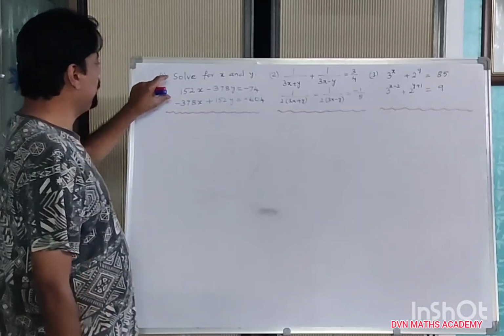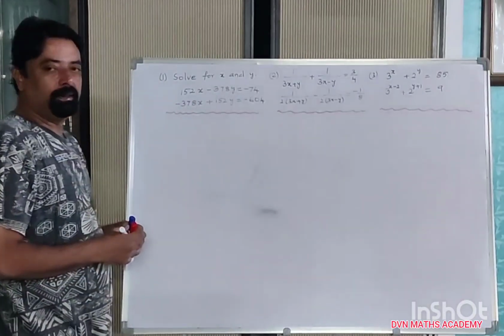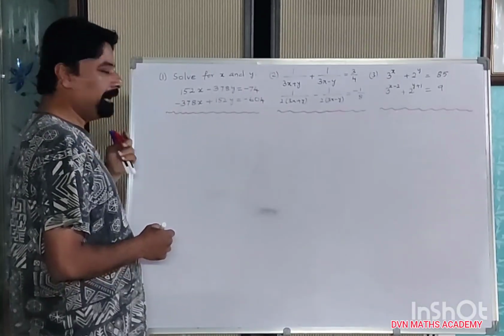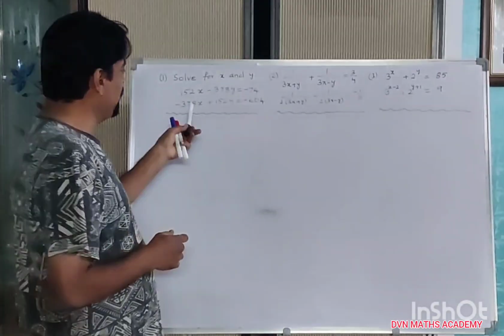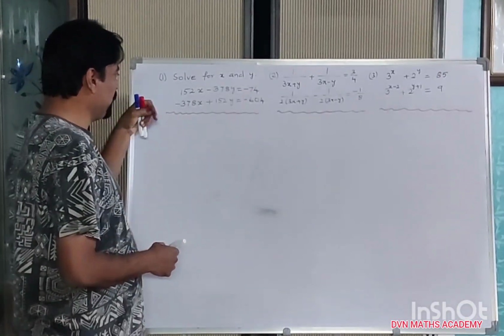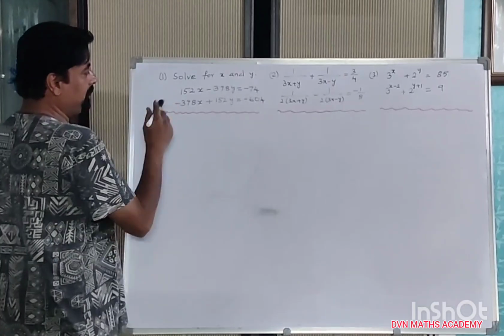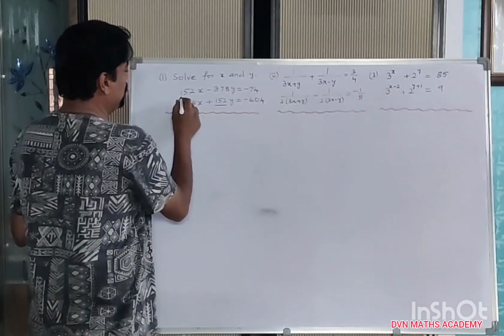If you see these equations, the coefficients of x and y are very big values, and if you go for the elimination method, it is very complicated to solve this type of question. But if you observe carefully, the coefficient of x in the first equation is 152, and the coefficient of y in the second equation is 152.